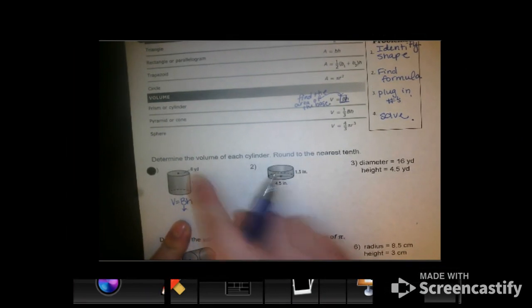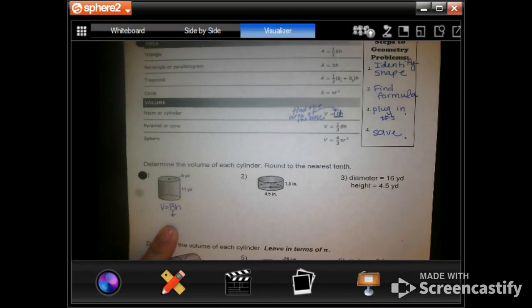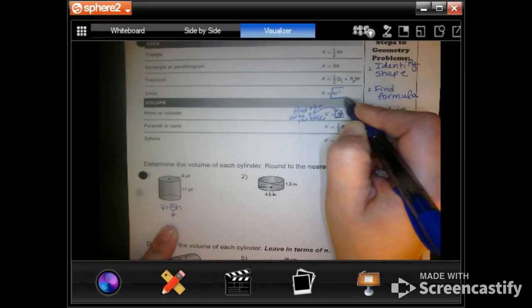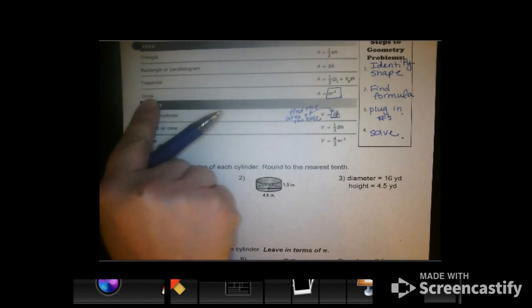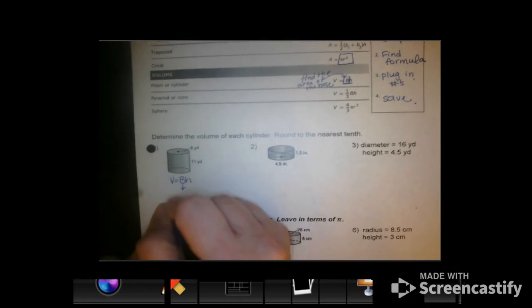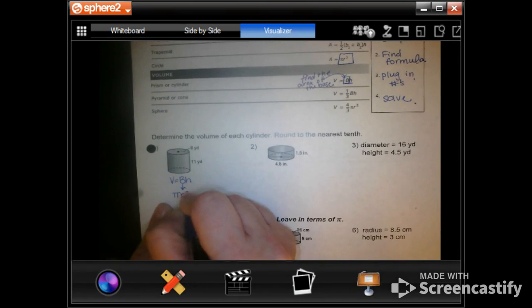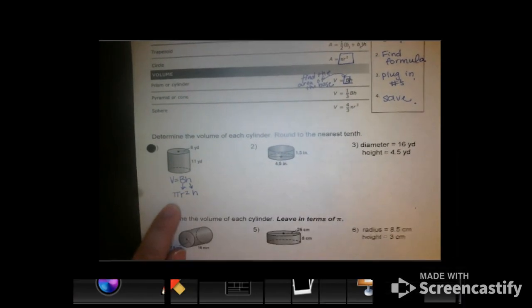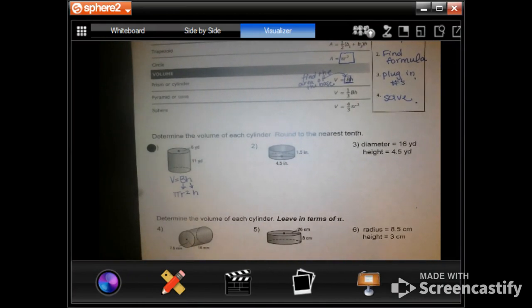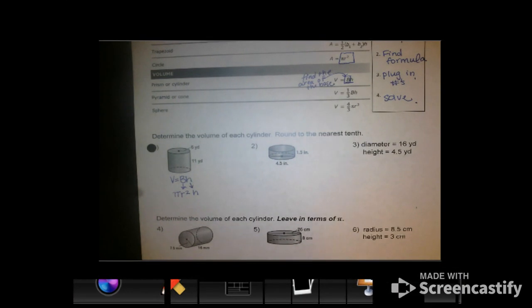How do I find the area of a circle? 6. No. Y'all agree? These are my area formulas. Here's the circle. So I have to, just for the B, do pi r squared. And then I just bring down the height. Okay, does anybody remember what radius is? What is the radius of a circle?